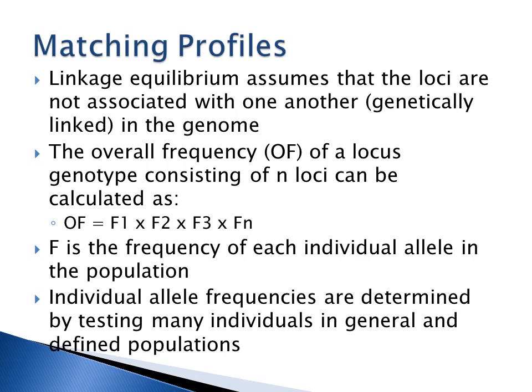You take the frequency of each locus and multiply those together. F is the frequency of each individual allele in the population. And the individual allele frequencies are determined by testing many individuals in general and defined populations.